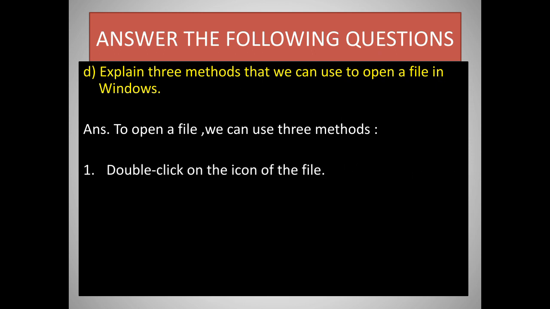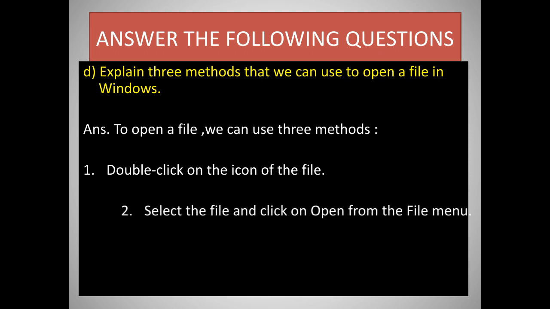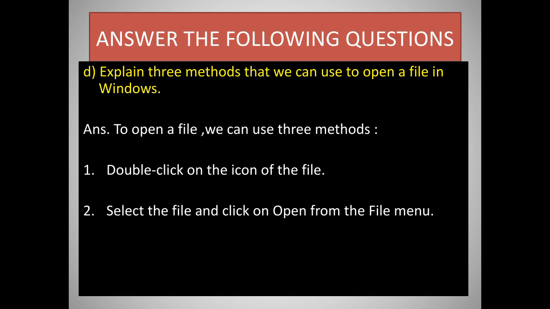Double click on the icon of the file. So first method is double click on the icon of the file. Second method, select the file and click on open from the file menu.